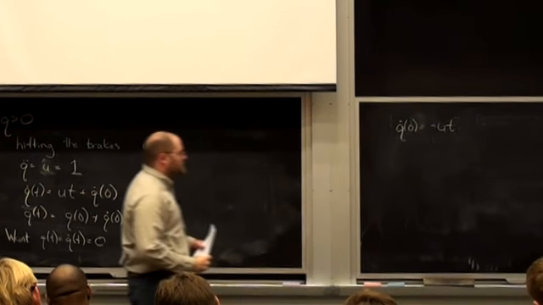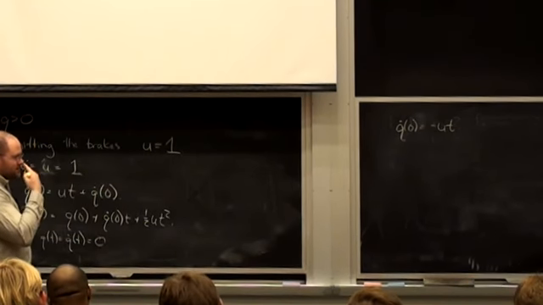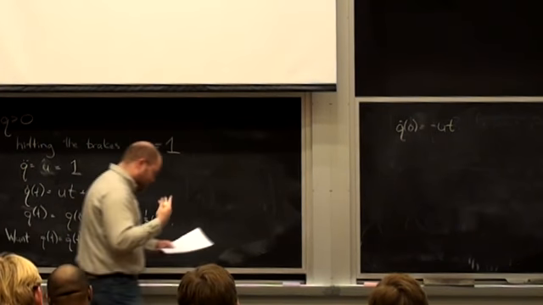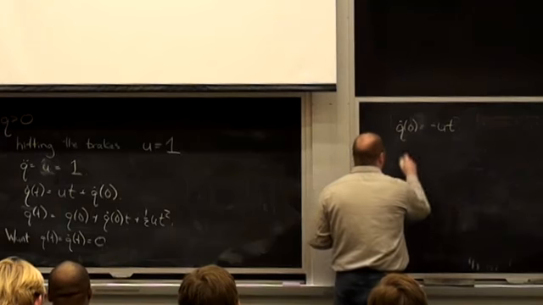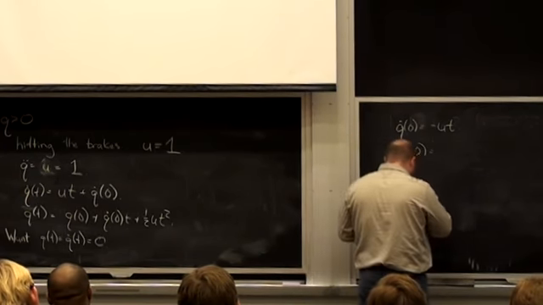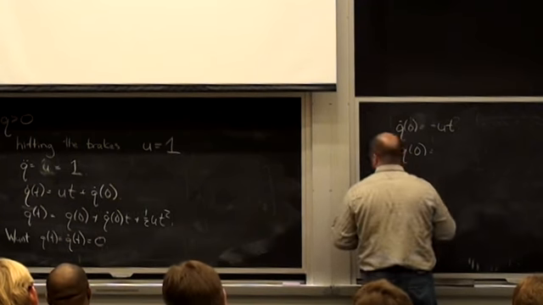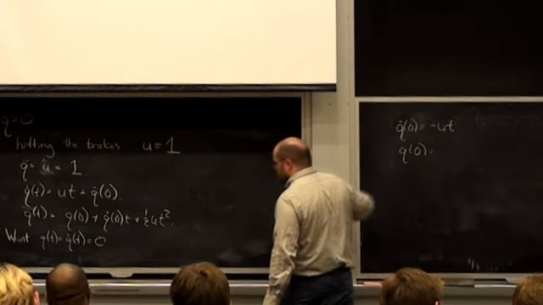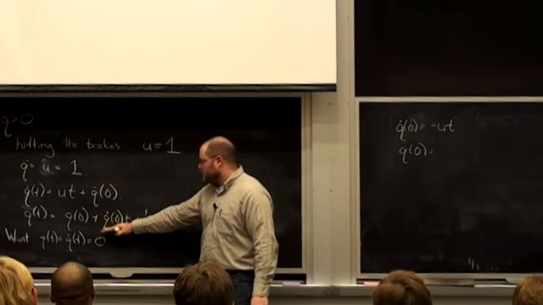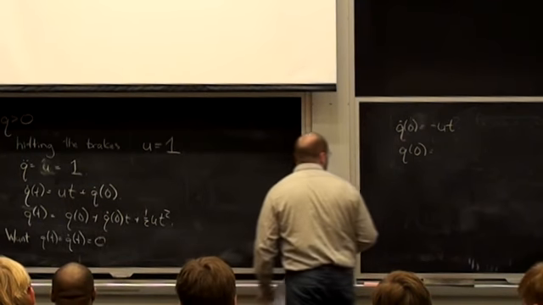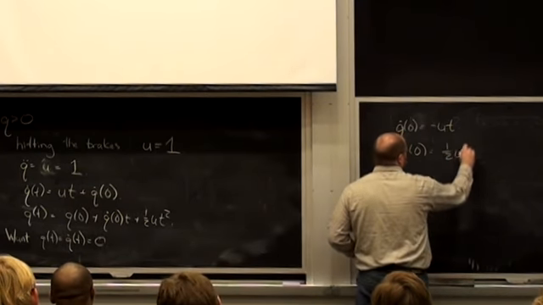It's a little weird in my notation here, I'm saying the initial conditions are moving backwards. And q0 turns out to be 1/2 u t squared, since q dot of t is negative u t. Add those together and q0 is going to be 1/2 u t squared.